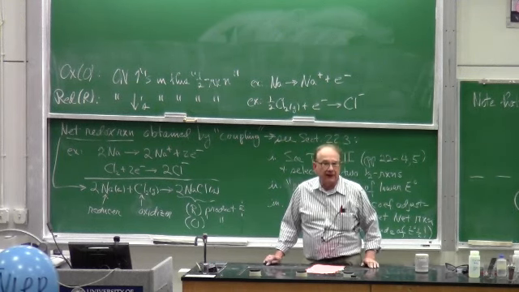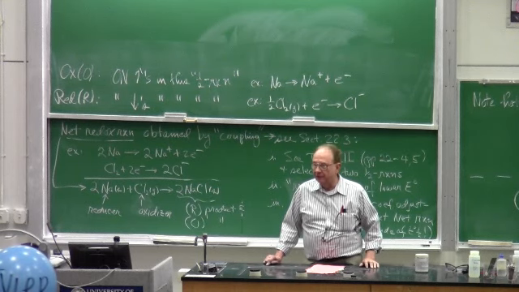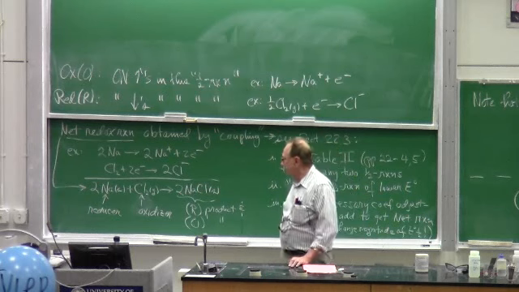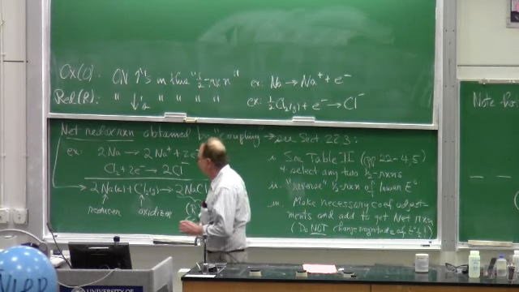That way, when you add up the halves, you get a redox reaction in which there is no net consumption or liberation of electrons, because that's impossible.